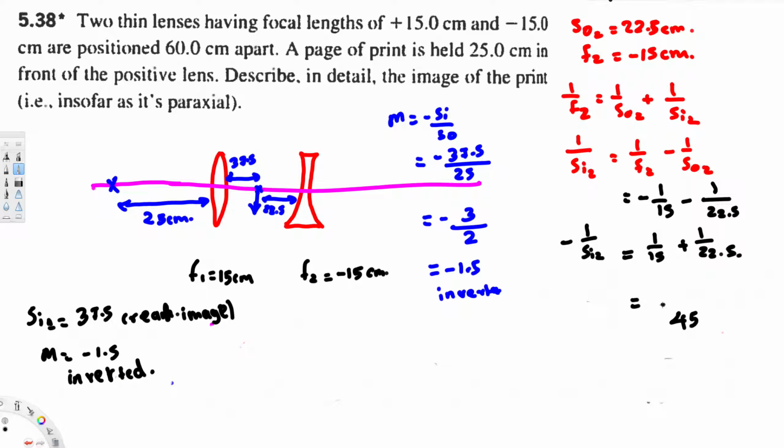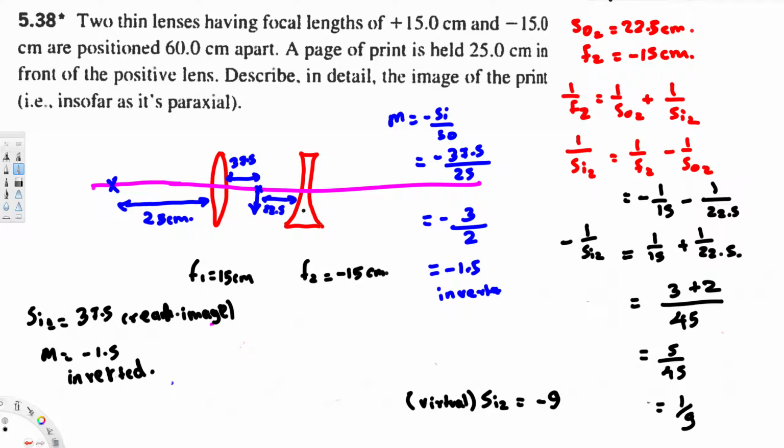If we take 45 as the common denominator, this is going to be 3, and here we are going to have 2, and this is going to be 5 over 45. 5 over 45 is 1 over 9, so this is negative 1 over SI2. Therefore SI2 is going to be equal to negative 9. And since we are getting a negative answer, this is a virtual image, right? Virtual image means this image is going to form in front of the lens.